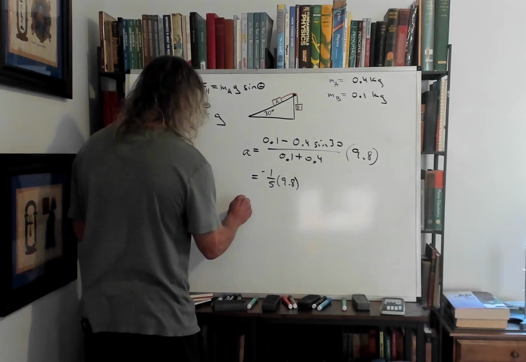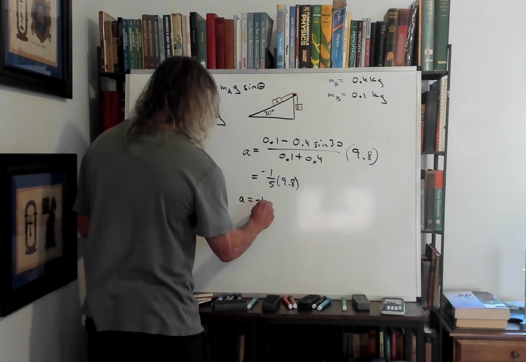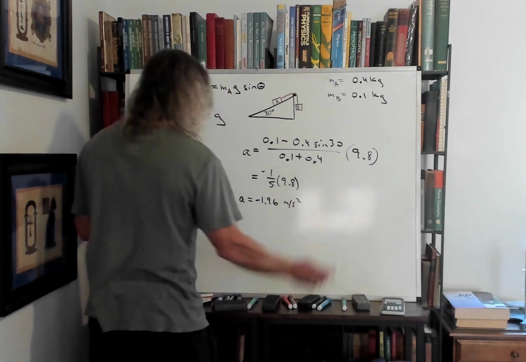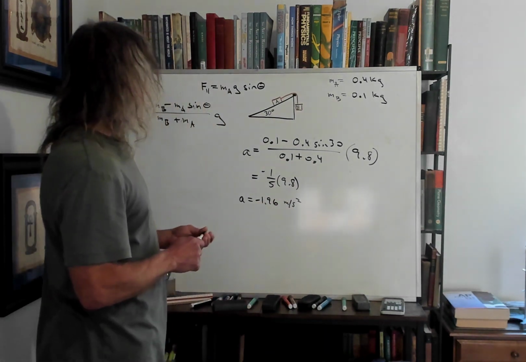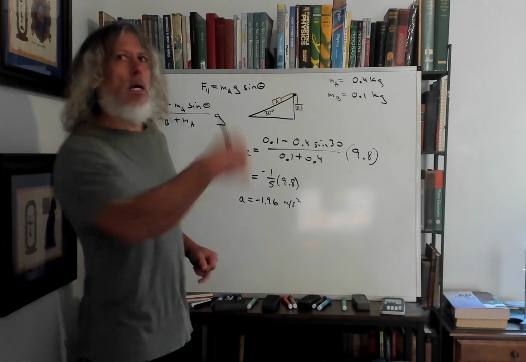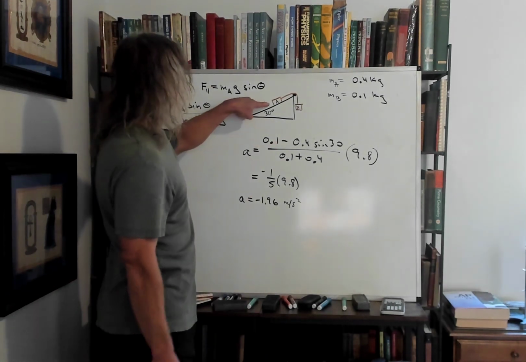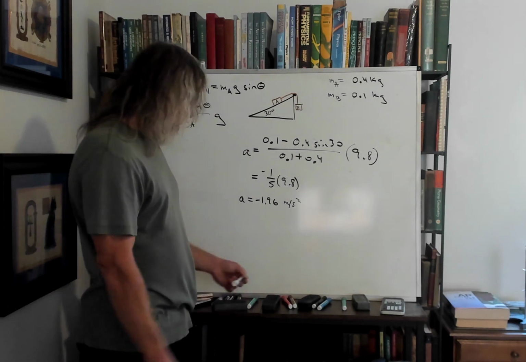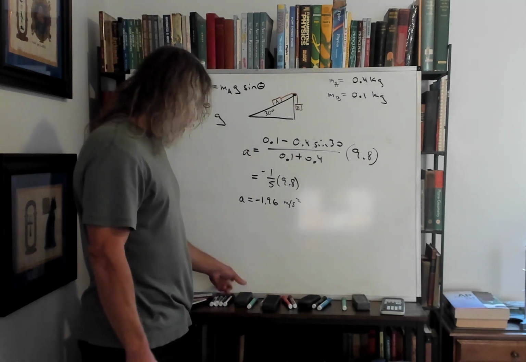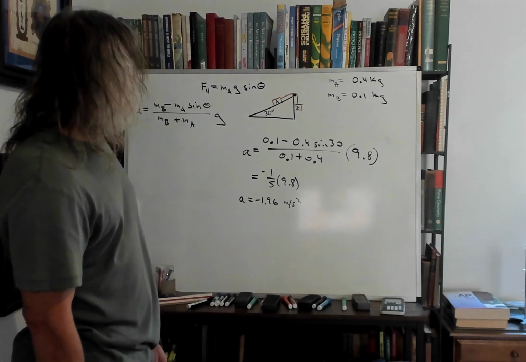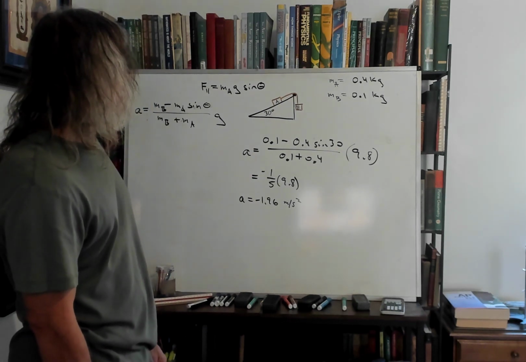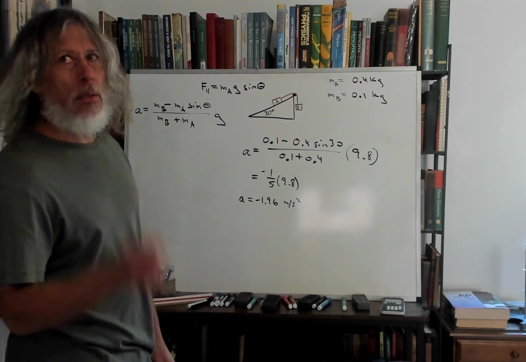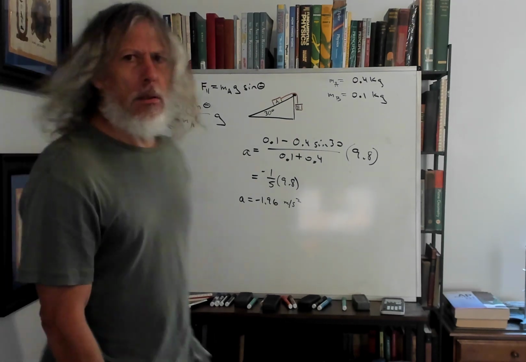So negative 1.96 meters per second squared. Remember, the negative means to the left. So this is going down. Okay. So there is an example of a pulley on an inclined plane, a little modification we do. And next I'll do pulley inclined plane with friction. All right, cool.